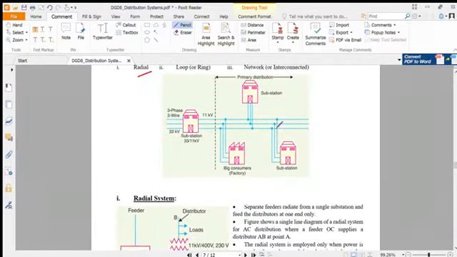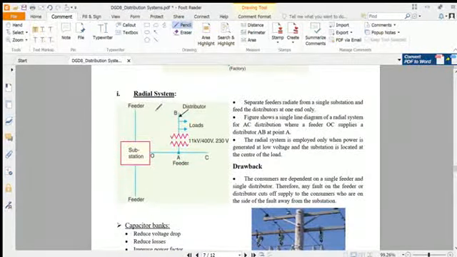So now we'll see the details. This is a radial. Here is a substation line. There is an incoming line from two different sides, and this is called the radial because separate feeders radiate from the single substation and feed the distributor. This is the distributor at one end only, and here point A is one point only.